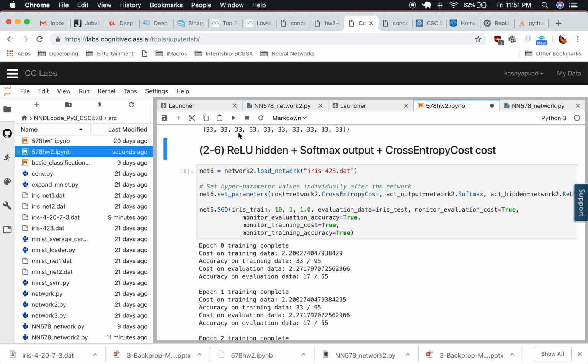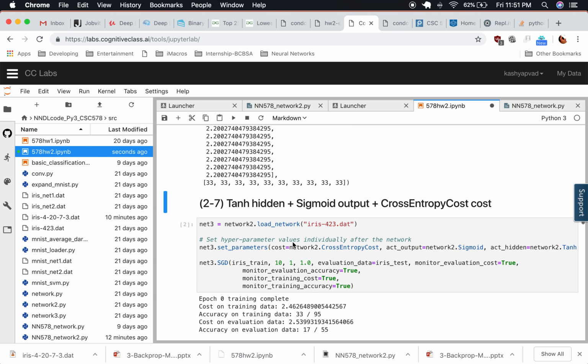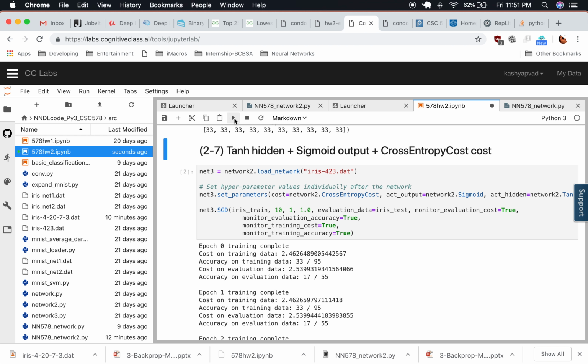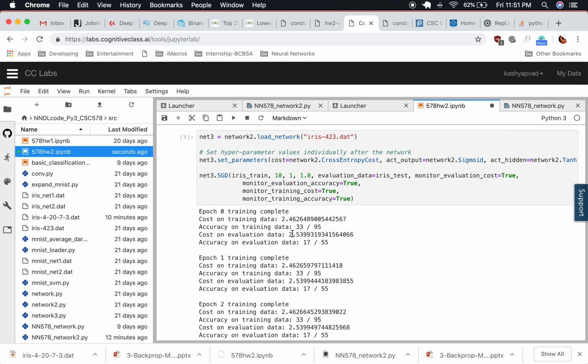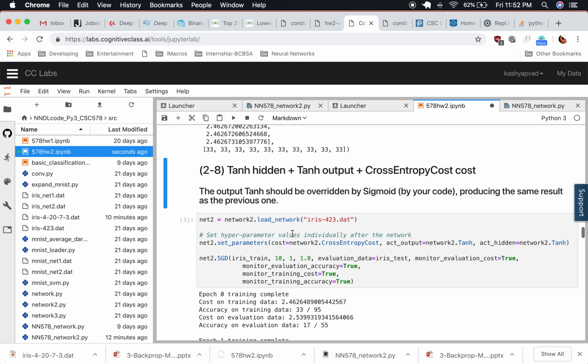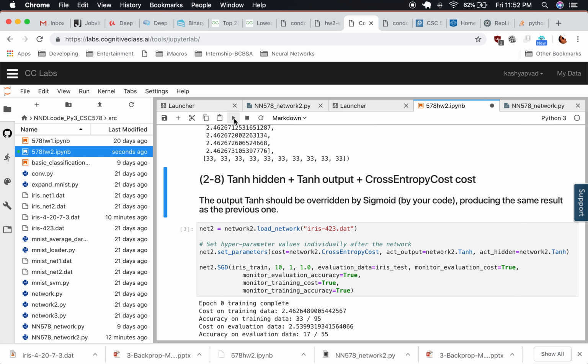And this experiment is using ReLU for the hidden layer, softmax for output, and cross entropy cost. And for this example, it's using tanh for hidden, sigmoid for output, and cross entropy for cost. And here it's using tanh for hidden, and tanh for output, and cross entropy.